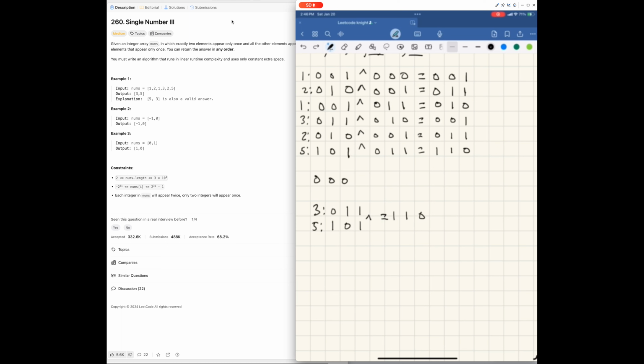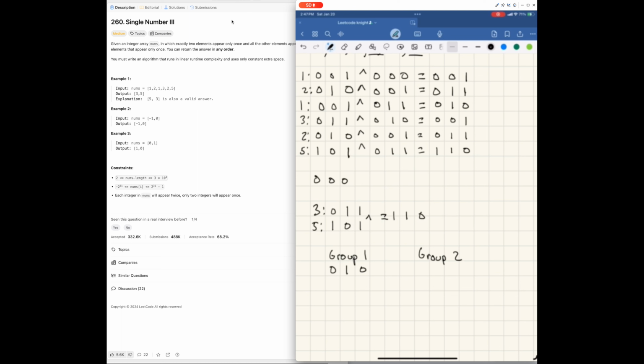So, for example, we could essentially break this problem up into, can we find group 1, can we find all the numbers that have a bit that intersects with 0, 1, 0? And then group 2 could just be the rest.